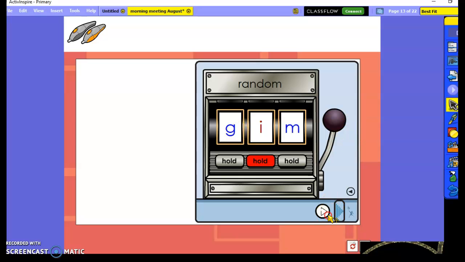Gim. Up next. Oh, I don't want us to use that. Let's see. All right, let's do this one. Do it in your head. Let's do it together. Rid.